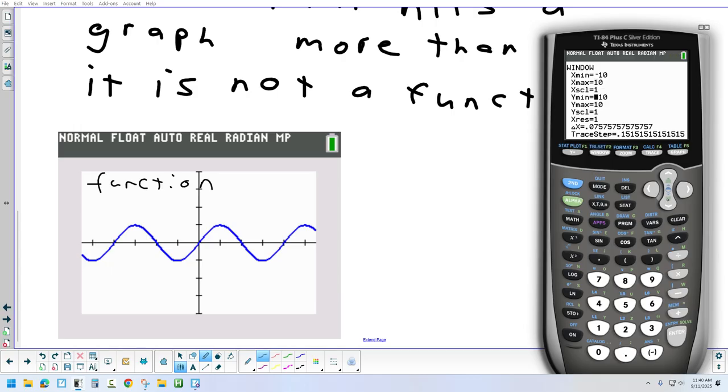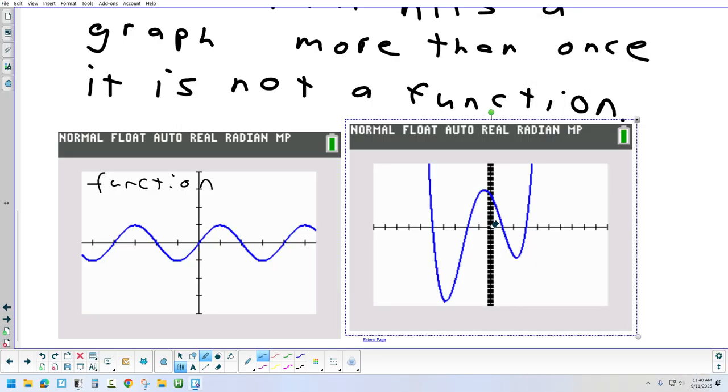Let's go -60 and 60. Not quite enough on the negative, but what I'm trying to do is find a complete graph. I think that'll be fine. How about that one? Is that a function or not a function? Function. Yeah, that's a function. That's fine. So function.